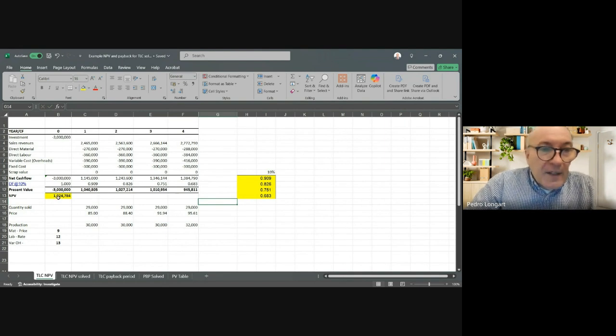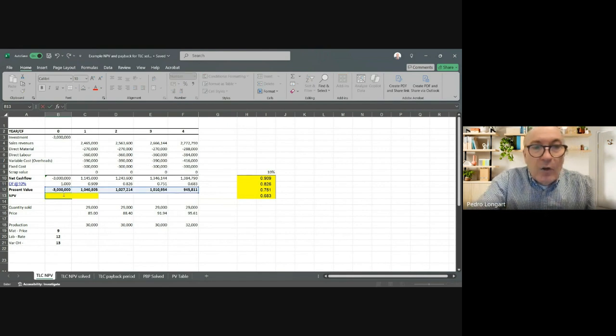And what is the net present value? The net present value is simply adding all these values. So initially you have minus 3 million, but in the first year, you added 1,045. So you will be getting some return from the 3 million that you had before. So every year you're getting some value.